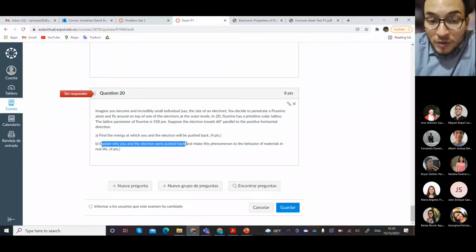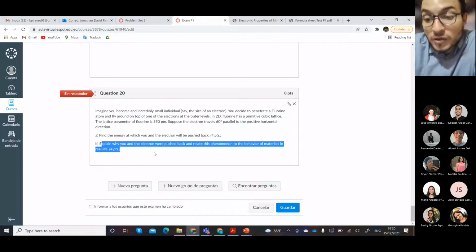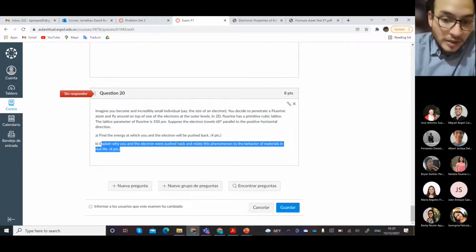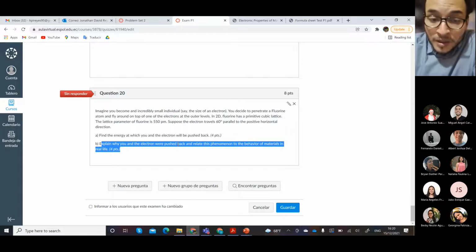And then you can explain what I just said. Explain why you and the electron were pushed back, and relate this phenomenon to the behavior of materials in real life. Well, that's actually what happens in real life when you're pushed back, because you reach the end of the Brillouin zone. The electron is really crashing into it, and it's pushed back. How does that relate to the behavior of materials in real life?